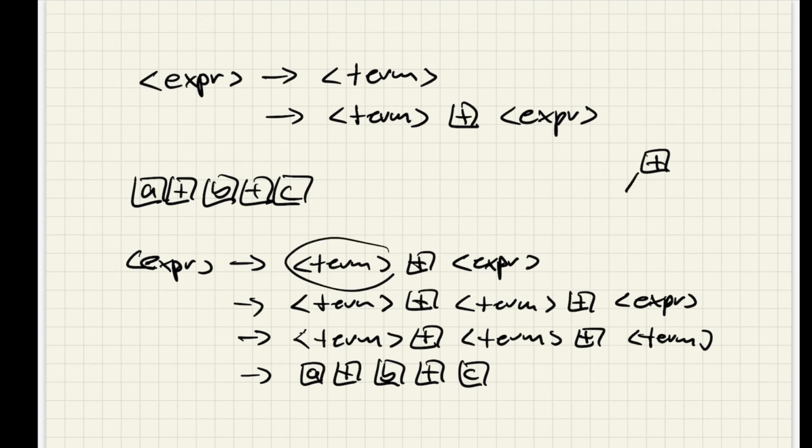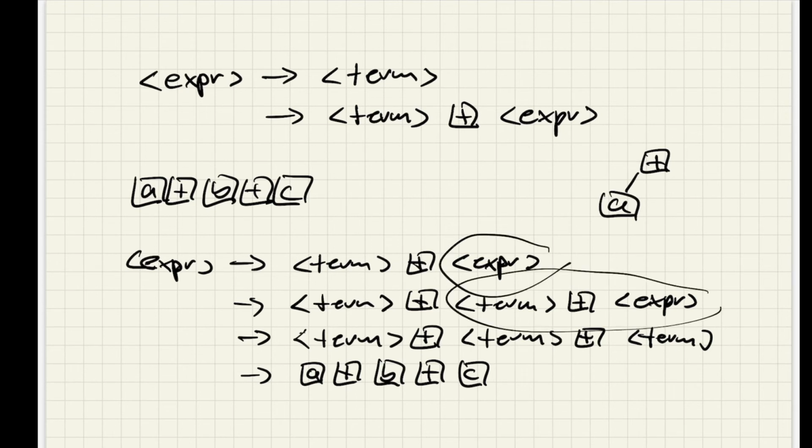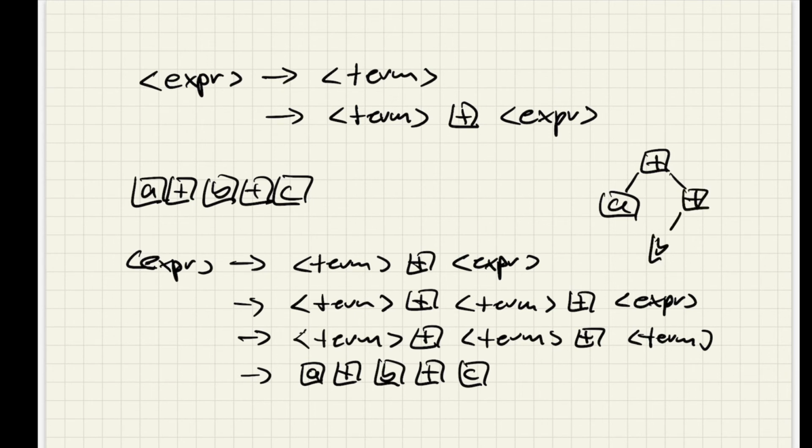The left child would be this term, which in the end would be this A. So we would end up with that. Here we produce this, which produces this, which produces this, which means that the right child would be this node with B and C as children.